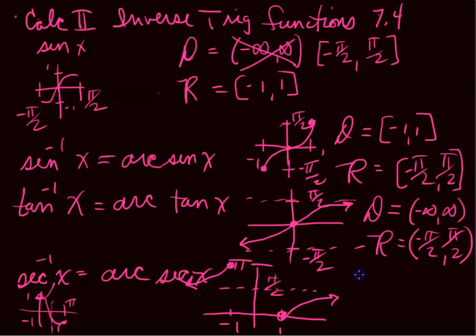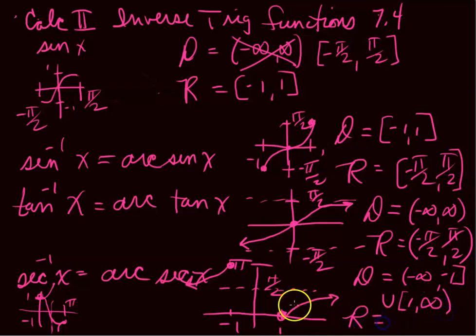So the domain is going to go from negative infinity up to negative 1 inclusive, union, then positive 1 up to infinity. The range is going to give me this 0 to pi, but we have to leave out the center of that at pi over 2.